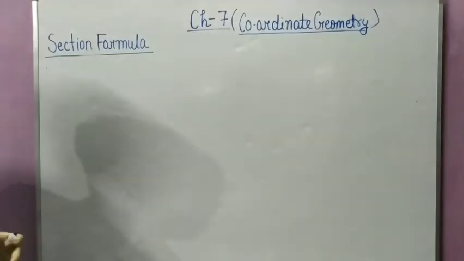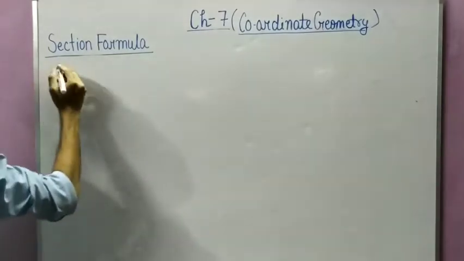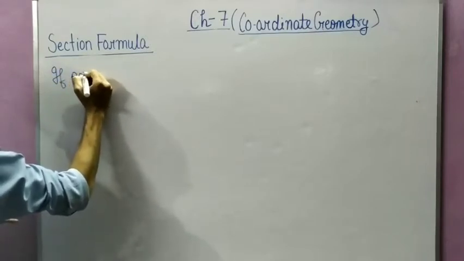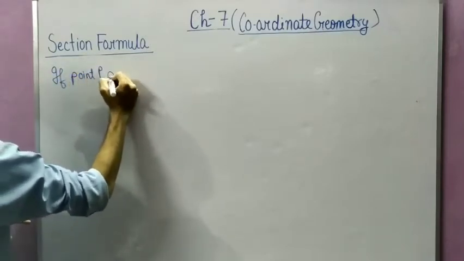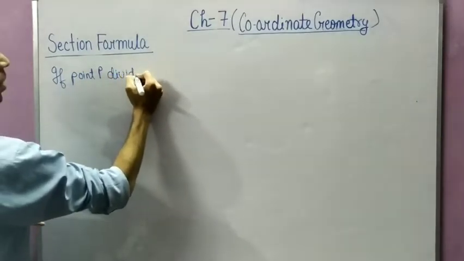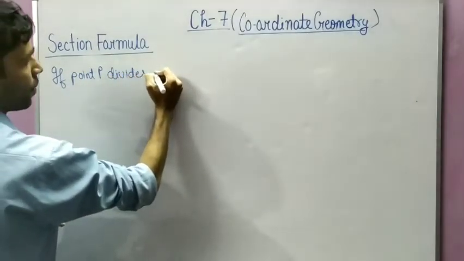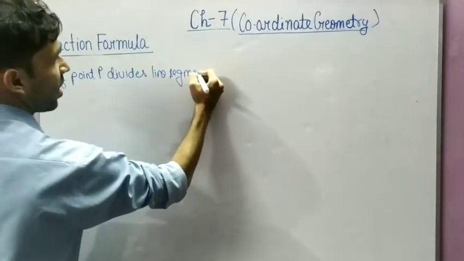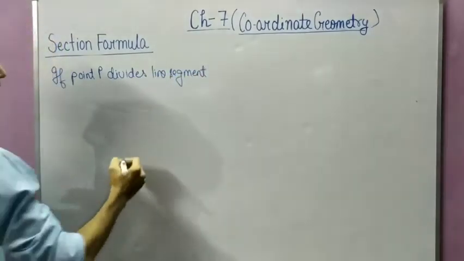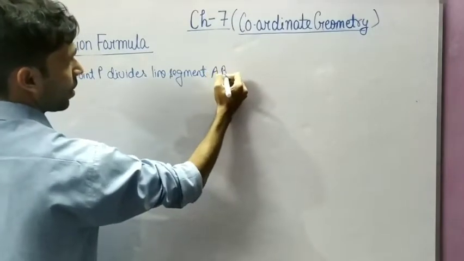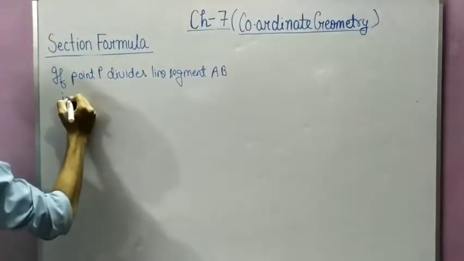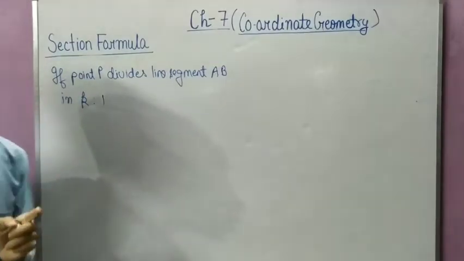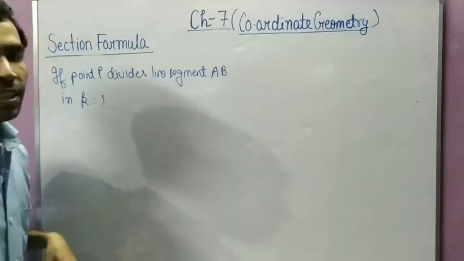If ratio is given, suppose if point P divides line segment AB in K ratio 1. Earlier it was M ratio N, now it is K ratio 1.